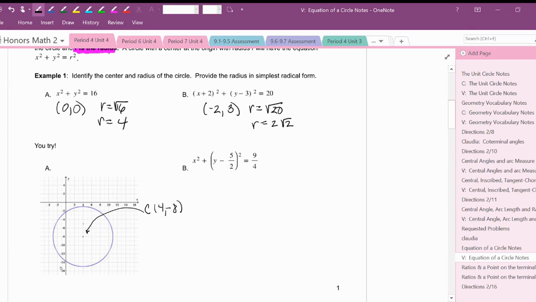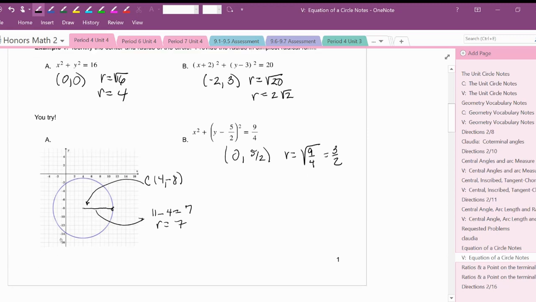And if you go out in any one of these 4 directions and hit the circle here, our radius would be an 11 minus a 4, which is 7. Here our center is at 0, 5 halves. Our radius is the square root of 9/4, which would be 3 halves.